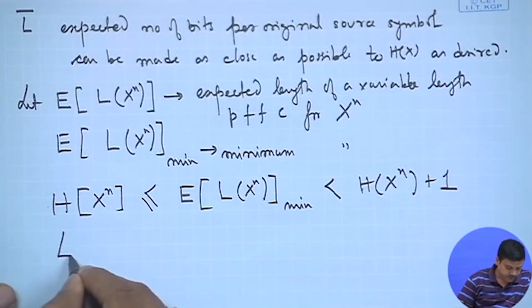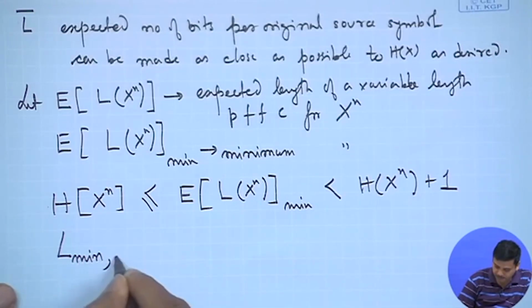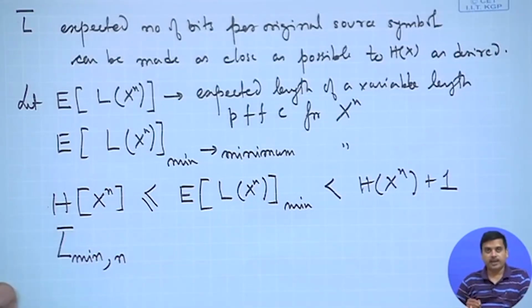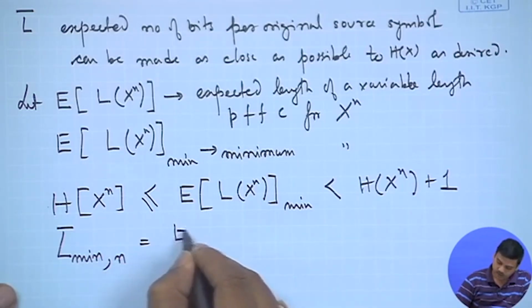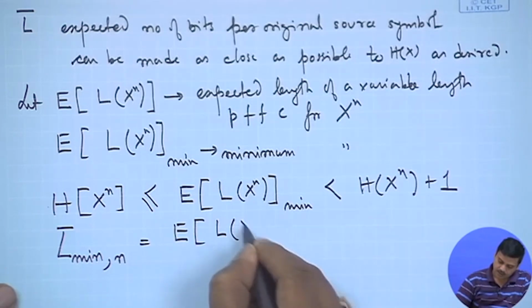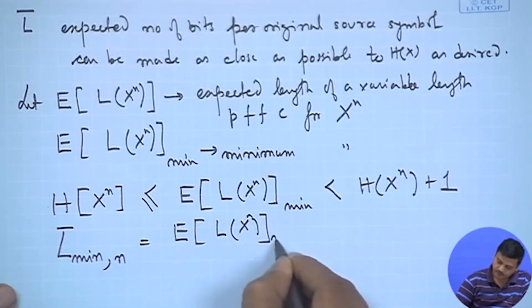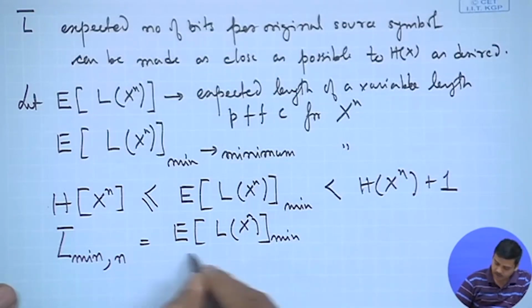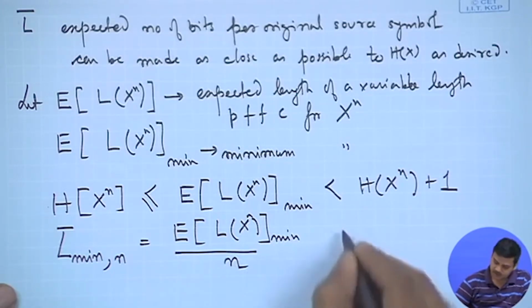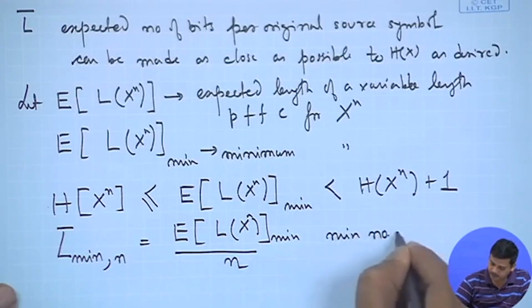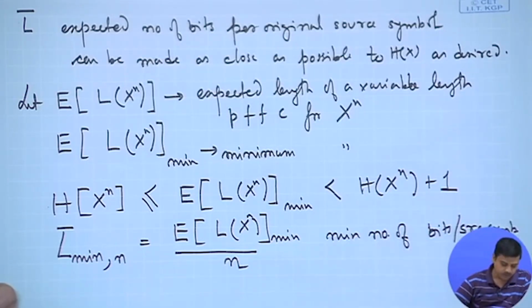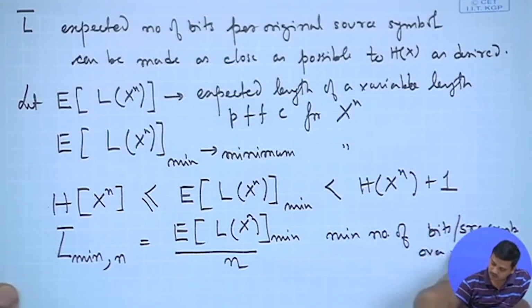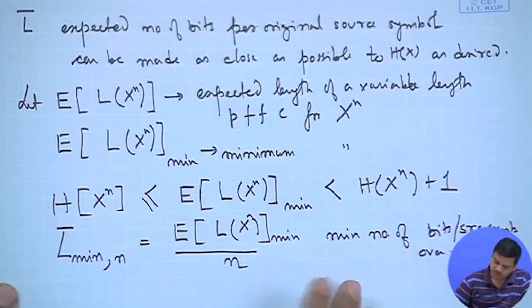Now, if I define L bar min n to be equal to E[L(X^n)]min upon n, that means the minimum number of bits per original source symbol over all prefix free codes.